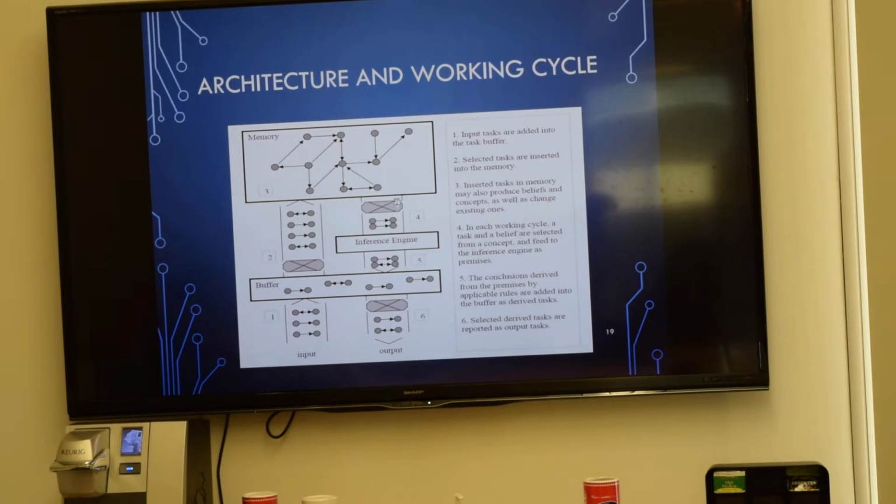You only pay attention to some of the tasks currently in your mind. And the conclusions also go back into the buffer and compete with the other things. So only some of them will get reported to the user, not all of them. So that's a brief description about what's going on.